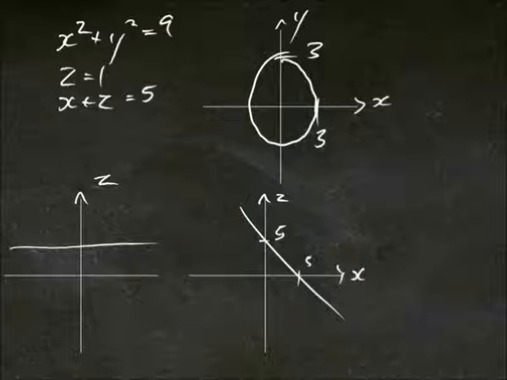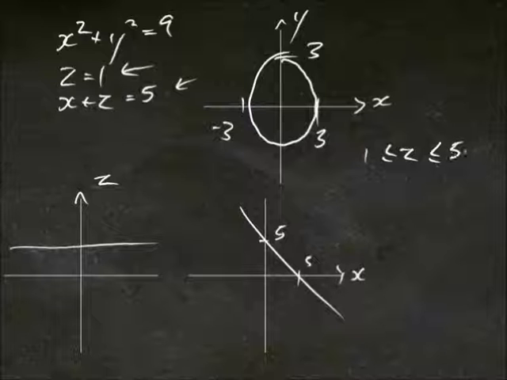And using this, we need to find out what our limits are for our X, Y, and Z. First of all, we can see that Z is bound between 1, which is here, and this function. So rearranging for Z, we'd get 1, and Z equals 5 minus X. For Y, it is bound by this circle.